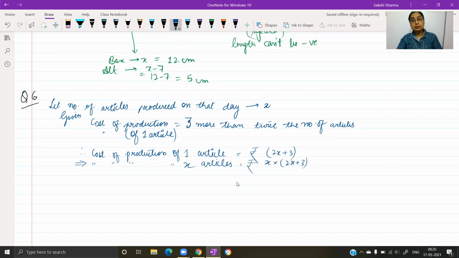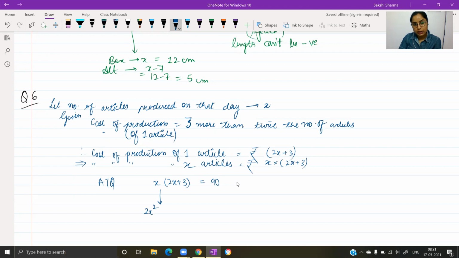We assumed the cost of one article. The cost of x articles we can find out by multiplying. According to the question, this cost comes out to be 90 rupees. So the total cost should be equal to 90. From here, simplify and obtain your quadratic equation.